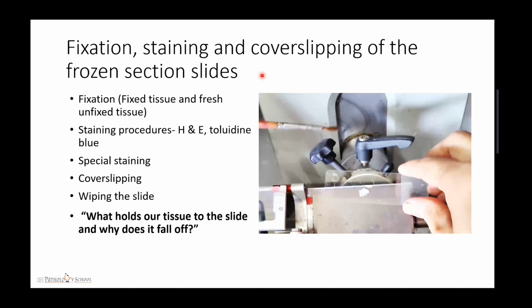Also, because of the temperature difference, it gets fixed to the glass slide. Then we'll do the staining, or we can also use toluidine blue staining. We can also do special staining on frozen sections.